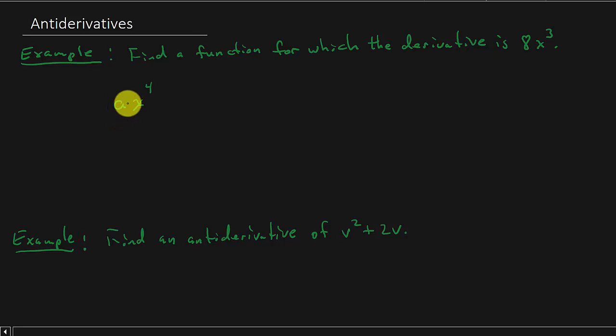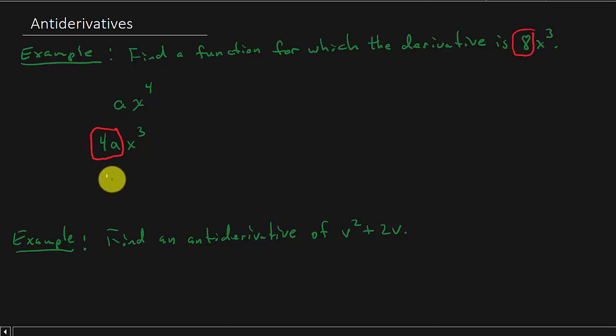It's going to be some number a. So when we bring the 4 down, that's going to give us 4a x cubed if we take the derivative of this, right? And what happens? Well, this 4a here, what does that have to equal? That has to equal this 8 right here.